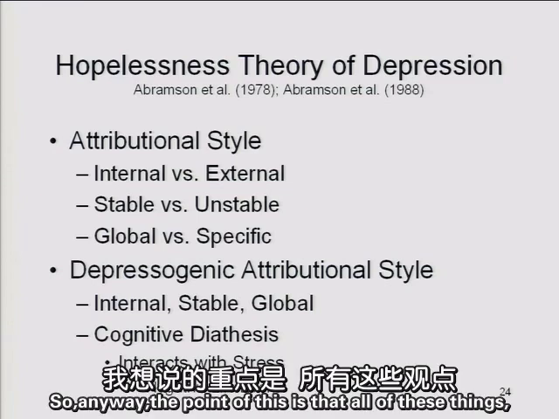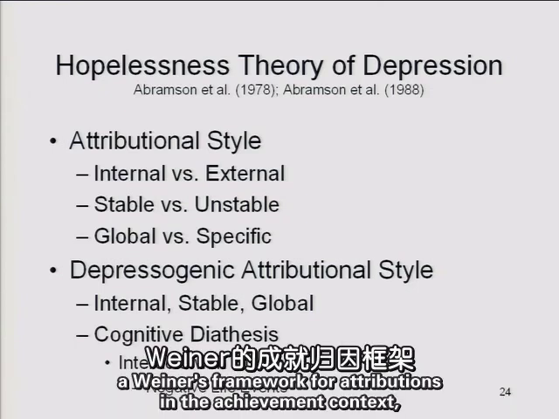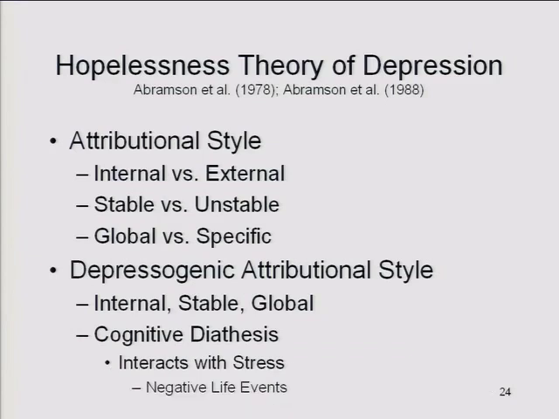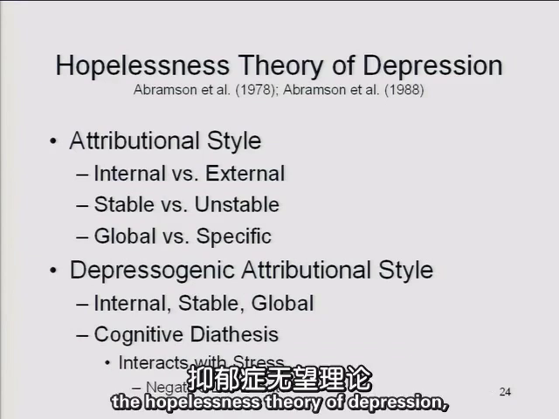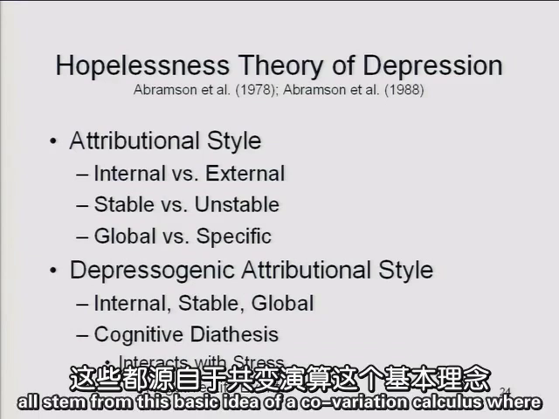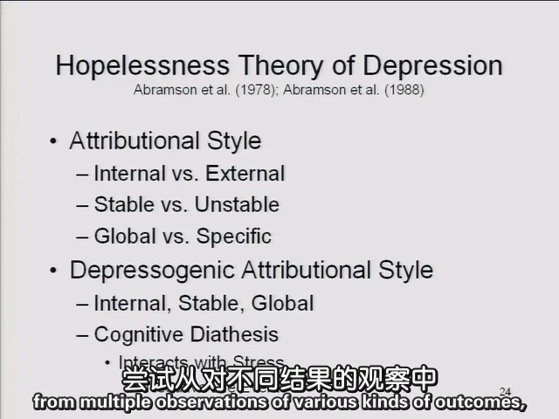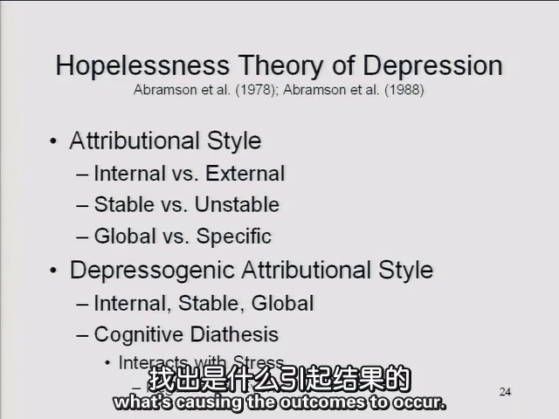So anyway, the point of this is that all of these things, Weiner's framework for attributions in the achievement context, MacArthur's work, and for that matter, the hopelessness theory of depression, all stem from this basic idea of a covariation calculus, where people are behaving like naive scientists trying to abstract from multiple observations of various kinds of outcomes what's causing the outcomes to occur.